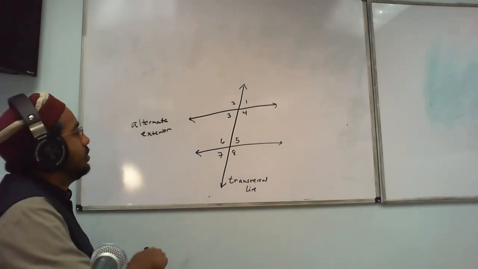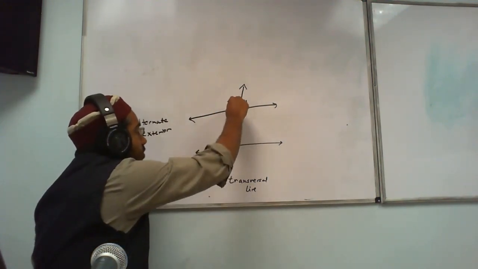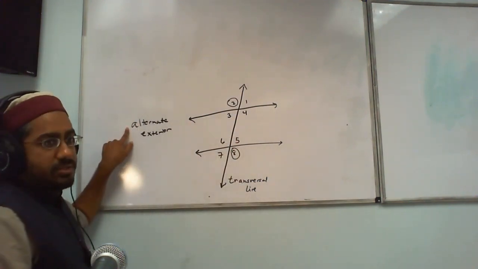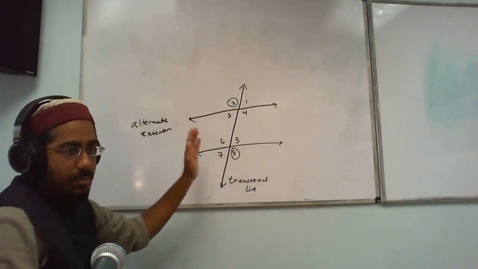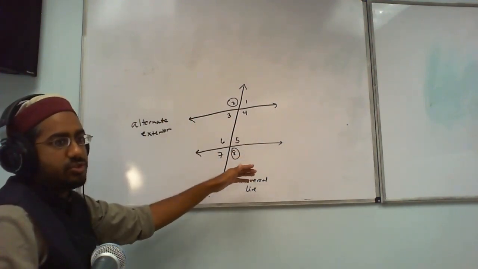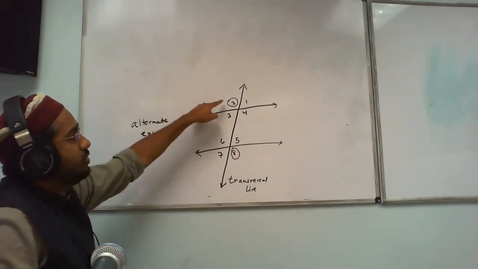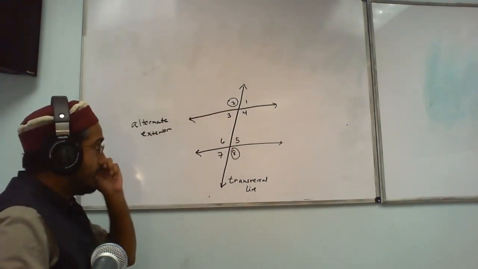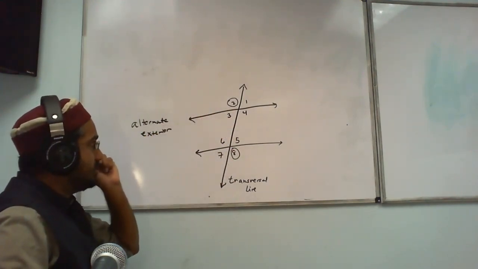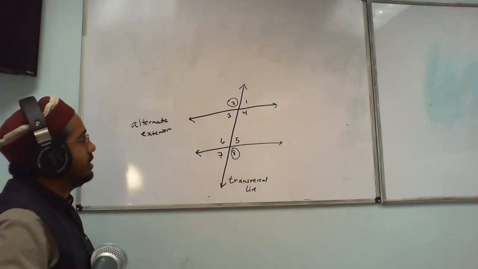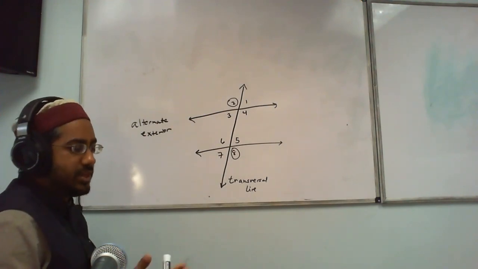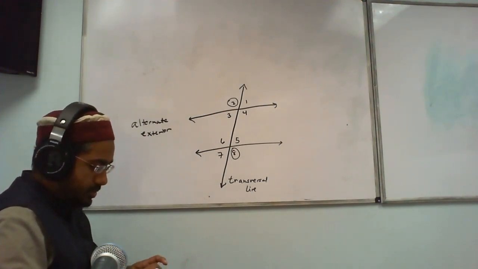So angle 2 and angle 8 are alternate because they're on opposite sides of the transversal, and they're exterior, on the outside. Does that make sense? So they're called alternate exterior angles. What do you think is the relationship between the angle measures?